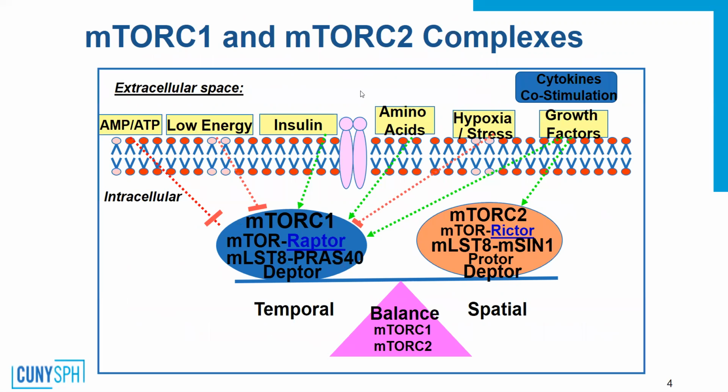These two complexes are located in every cell, and the mTORC1 complex is nucleated by the mTOR protein and other proteins, including specifically Raptor, which is exclusive to mTORC1, and then additional protein partners, such as mLST8, PRAS40, and DEPTOR.